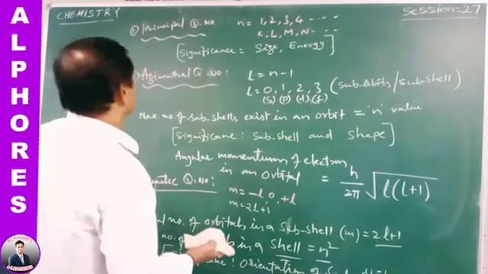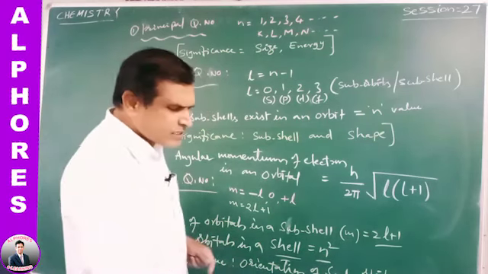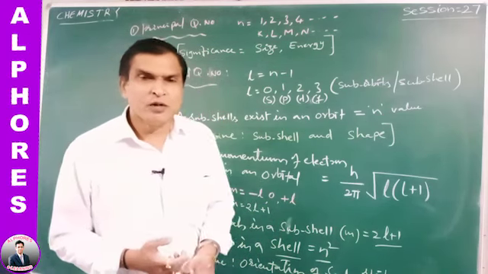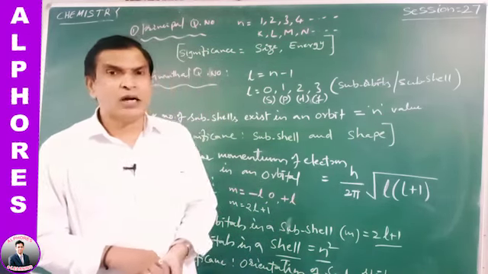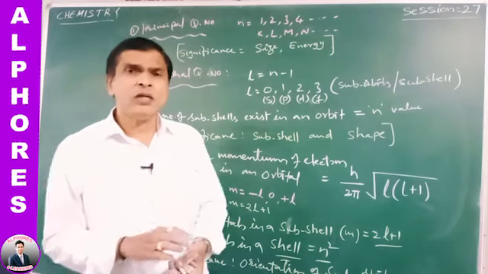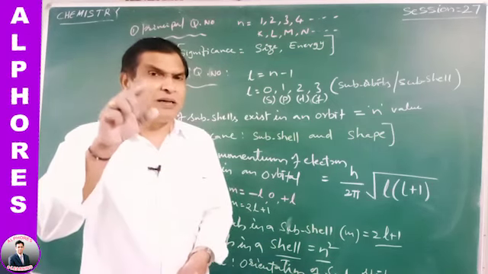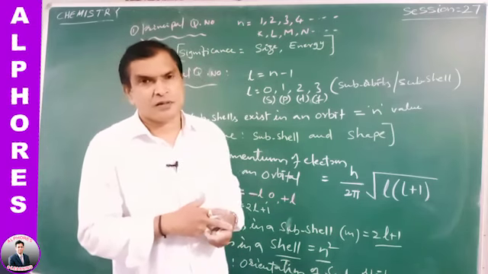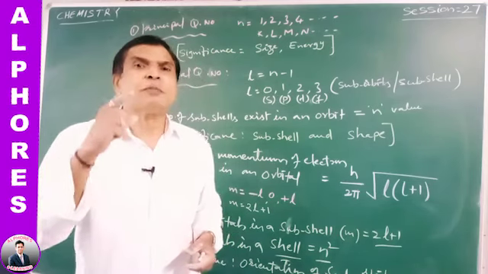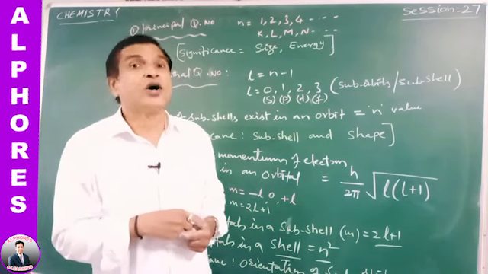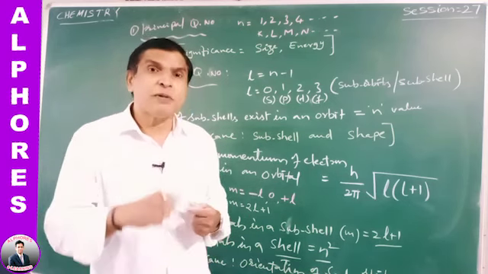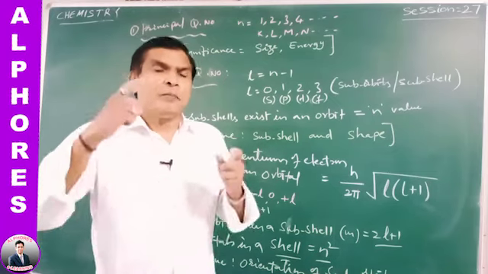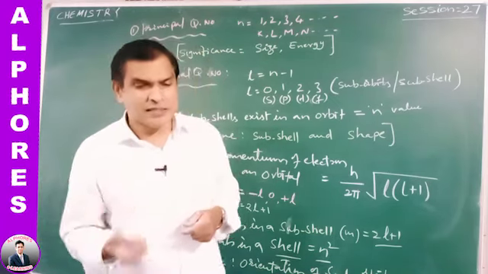Now coming to the spin quantum number. The spin quantum number was given by Uhlenbeck and Goudsmit, and is given by the symbol S. It represents the direction of spin of the electron in the orbital. The electron revolves on its own axis besides revolving around the nucleus.